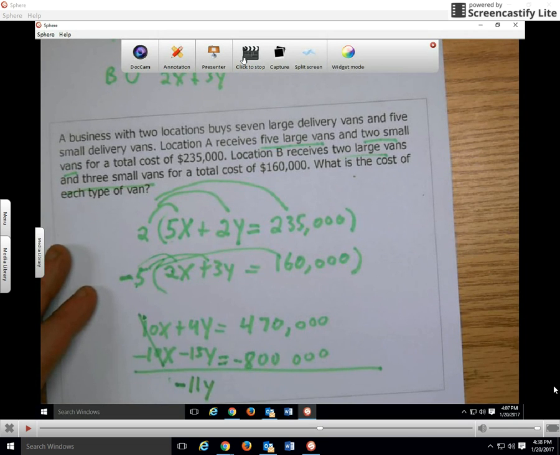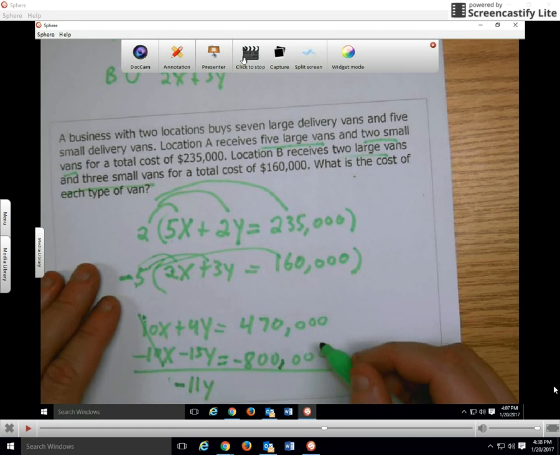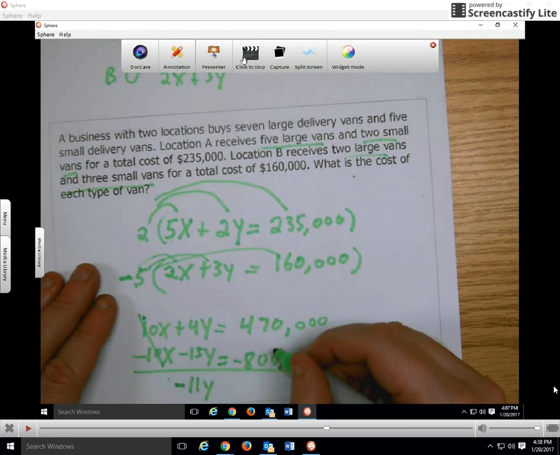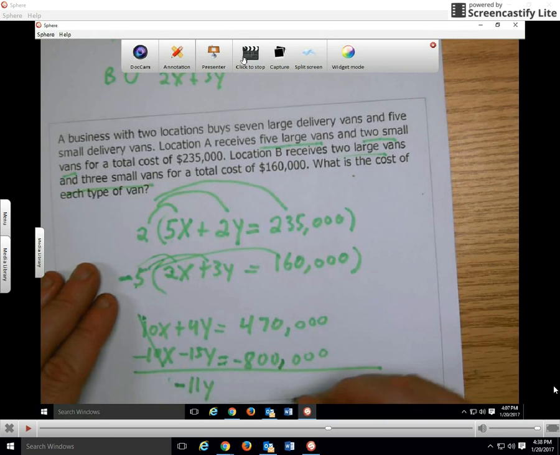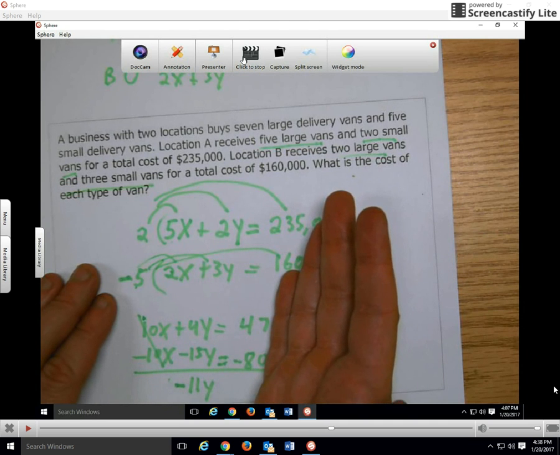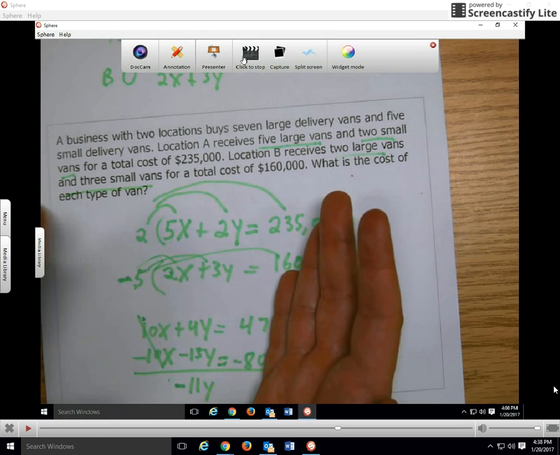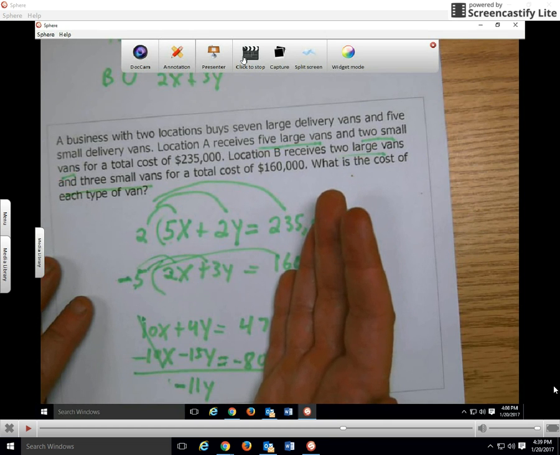And 470,000 take away 800,000. Basically we can just eliminate all these zeros for right now. We can add them at the end. It's really just saying 47 minus 80. So if you want, you can do 80 minus 47 and just remember that it's a negative. So that would be 33.